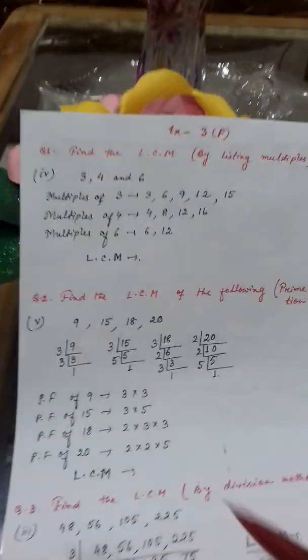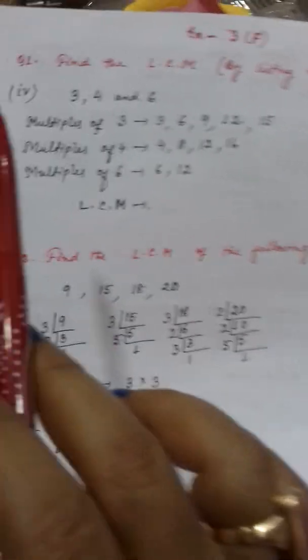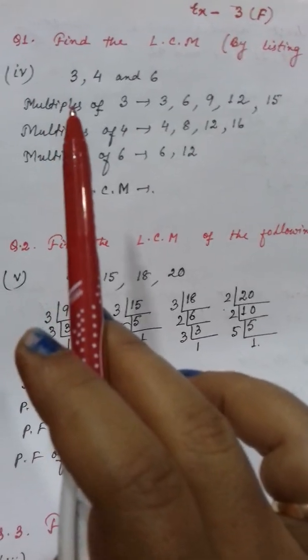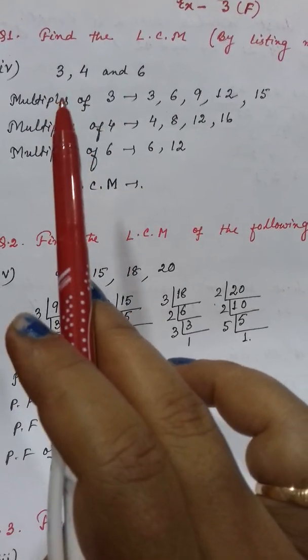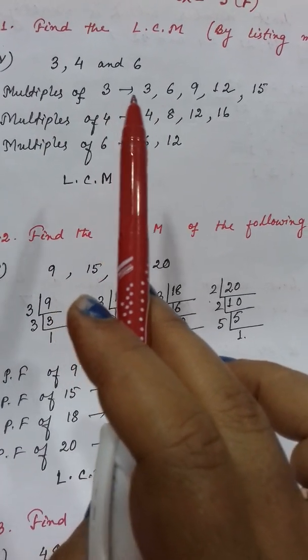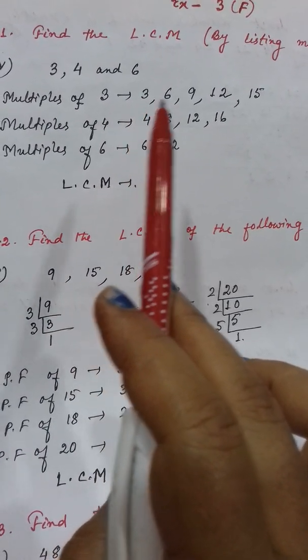I have solved one question for 4 numbers. Find the LCM by listing multiples. You know what the multiples are. See 3, 4 and 6. I have written the multiples of 3 up to 15.